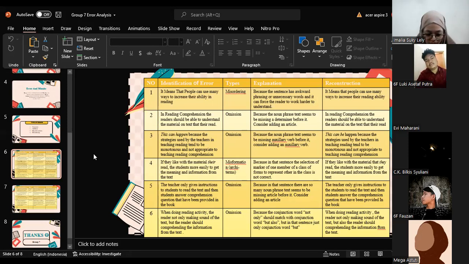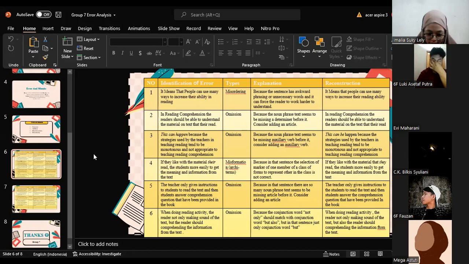information from the text. Number five, the teacher only gives instruction to students to read the text, and then students answer comprehension questions that have been provided in the book.